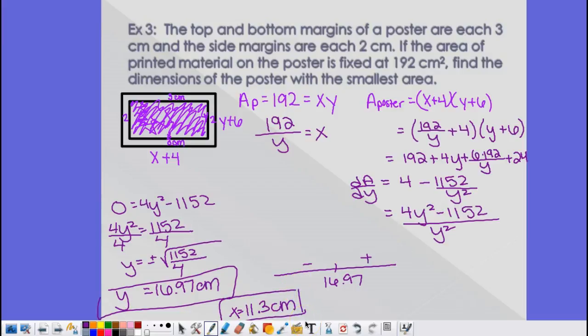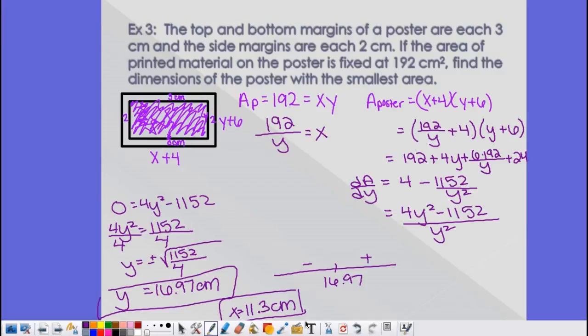So the dimensions of the poster on the inside are 11.3 and 16.97. That is the inside. It says find the dimensions of the poster with the smallest area. That is not the dimensions of the poster.